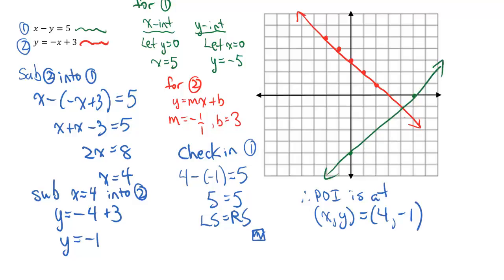And you notice there's my intersection. And it's at 1, 2, 3, 4, -1. And as you can see, that's the same as my point of intersection I found using the substitution method.